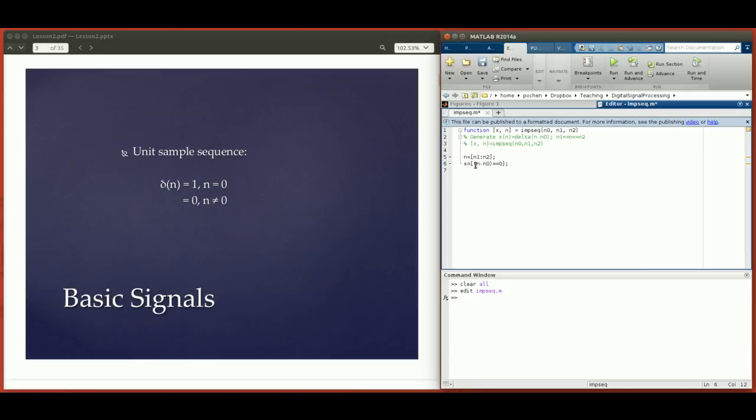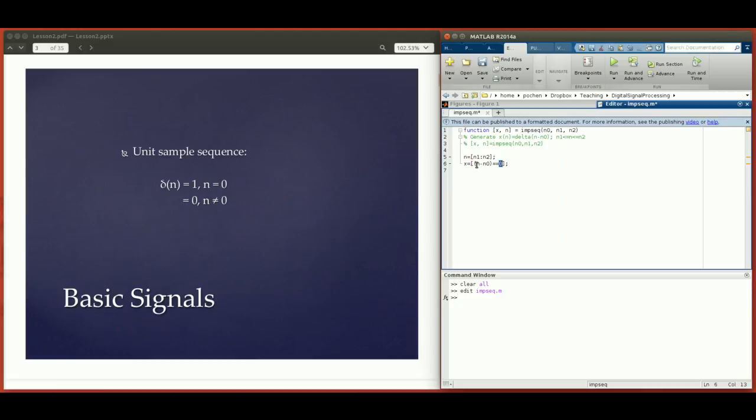I'm comparing n subtract n0 with 0. So if n subtract n0 equals 0, this comparison is going to return true. Otherwise, it's going to return false. And in Matlab, true is represented using the number 1, and false is represented using the number 0.